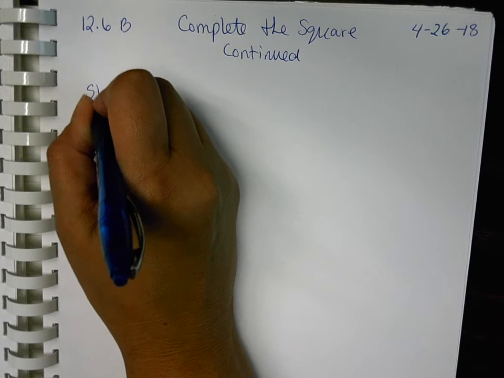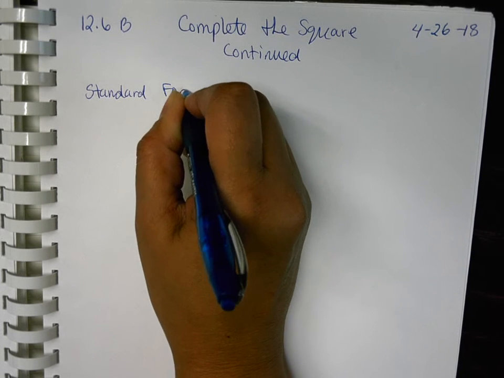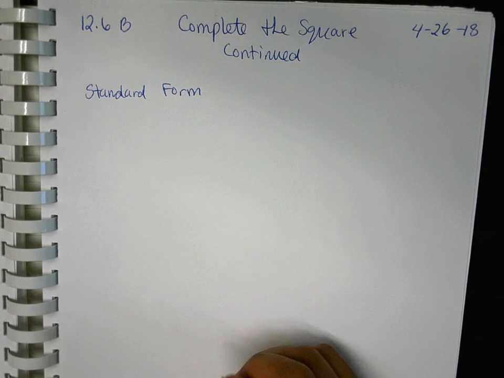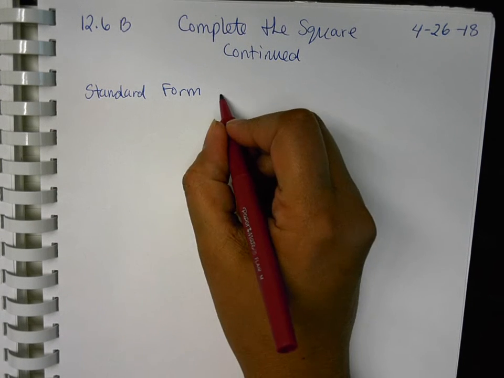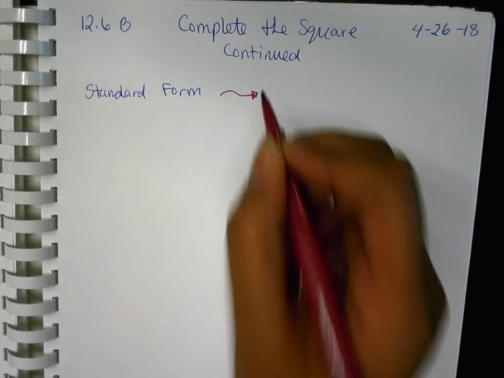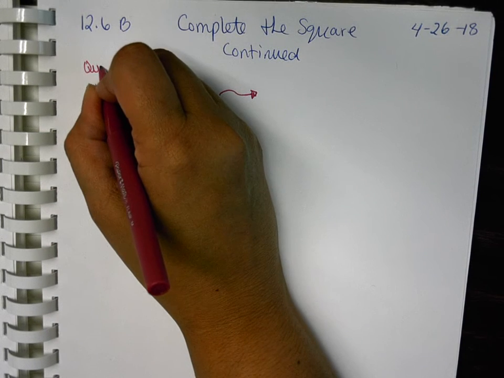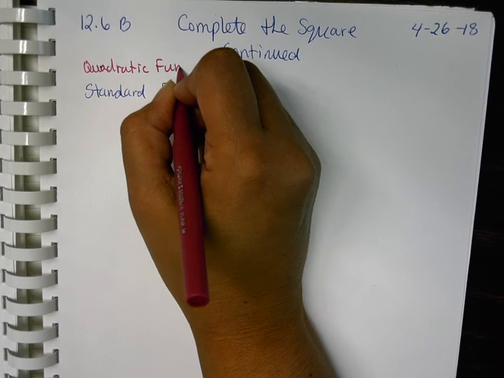First thing we're going to write down is standard form. Standard form, and what is it? We did a standard form for a quadratic we learned this year. Again, this is quadratic functions.